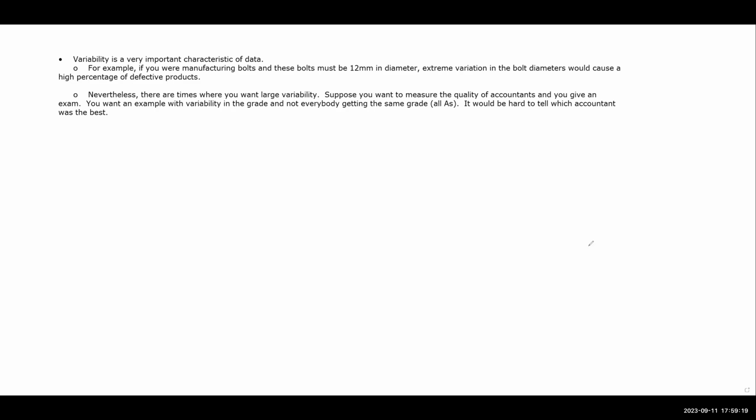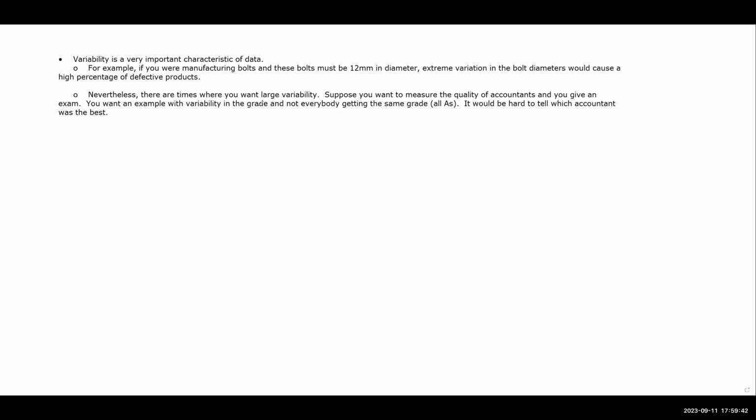But if you have a very tight distribution, so your bolt is from 11.99 to 12.0001 millimeters, then likely you're not going to throw away a lot of bolts, maybe no bolts, because those are all close enough in terms of your tolerance for your customers.